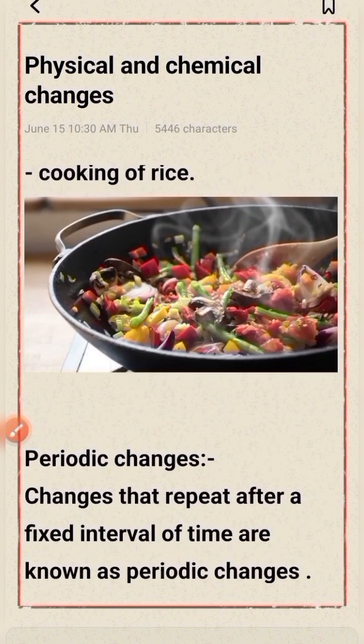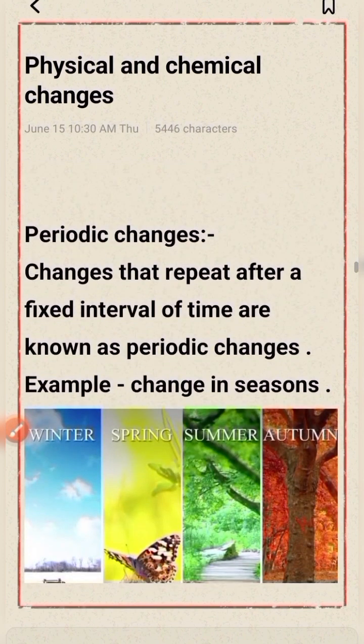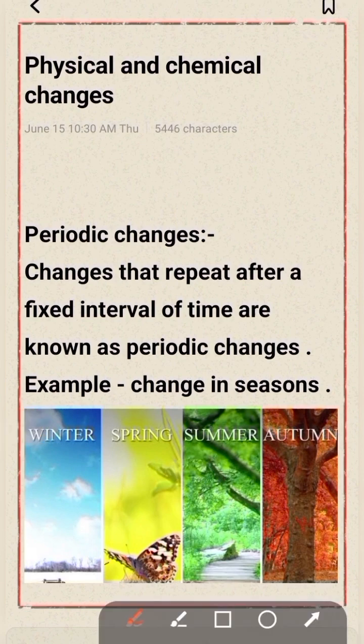Next, changes, that is periodic changes. Okay. Changes that repeat after a fixed interval of time are known as periodic changes. For example, change of season. Okay, that is winter, spring, summer, autumn. This is the change of season. Okay.